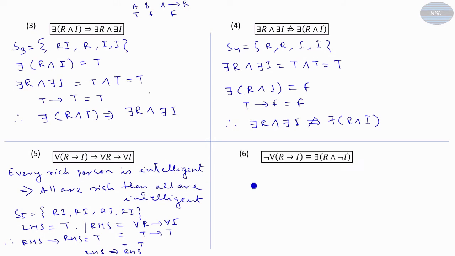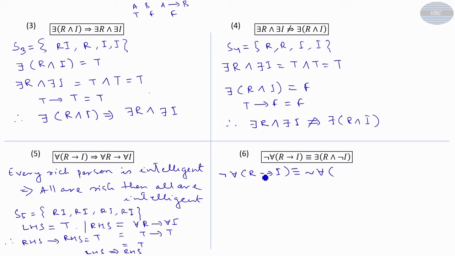Come to the last one, six. Here the left hand side is equivalent to the right hand side. We can prove it very easily by using the previous formula. Let me write down the negation in this one.